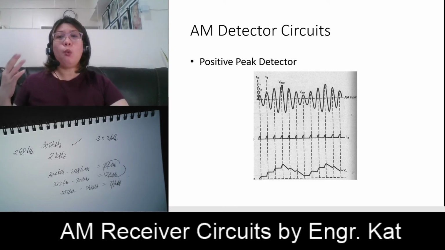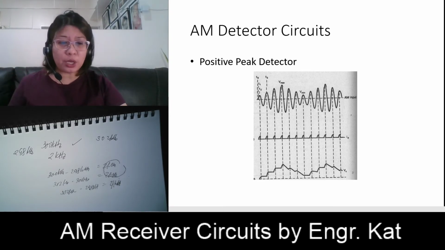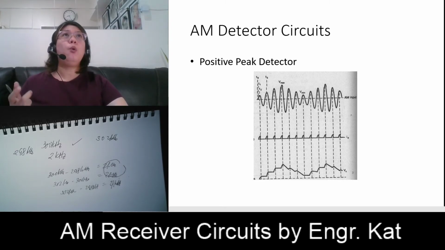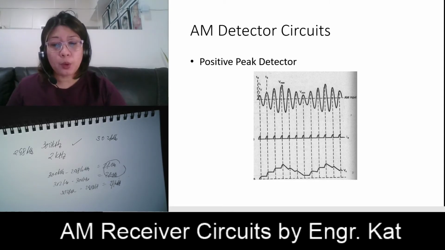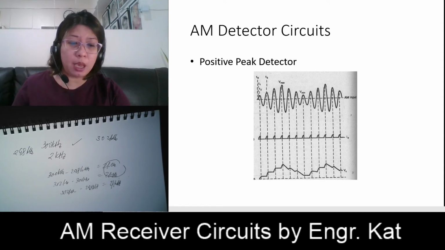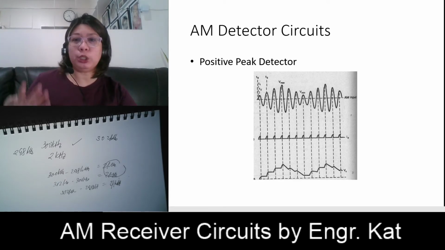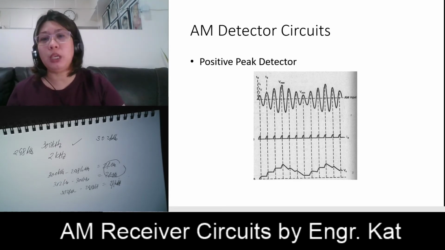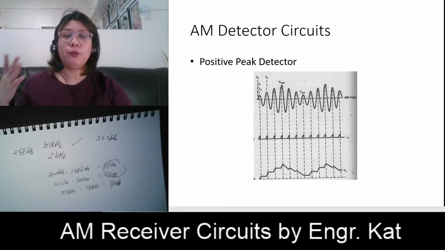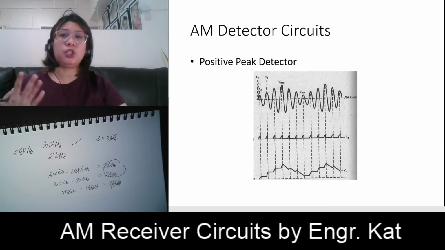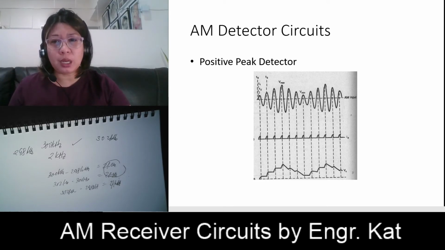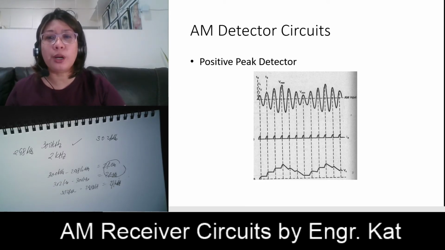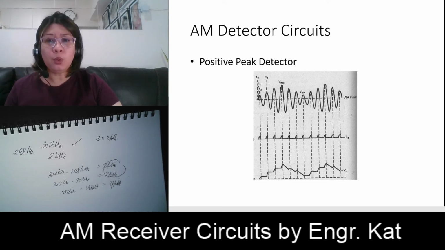Once the input reaches the diode's threshold voltage, which is its barrier potential, it can be 0.3 for germanium or 0.7 for silicon, your diode starts conducting and you now have current.